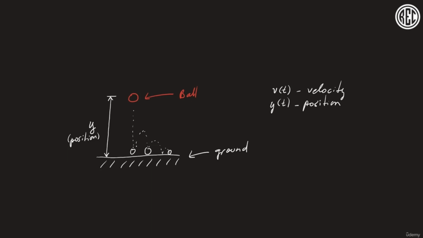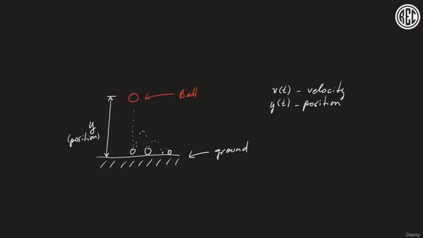Now we know from basic physics that the rate of change of the position is equal to the velocity, and the rate of change of the velocity is equal to the acceleration, which in this case would be gravity.